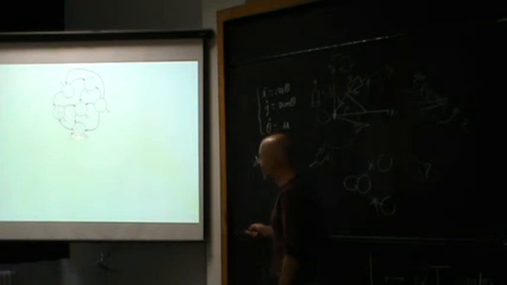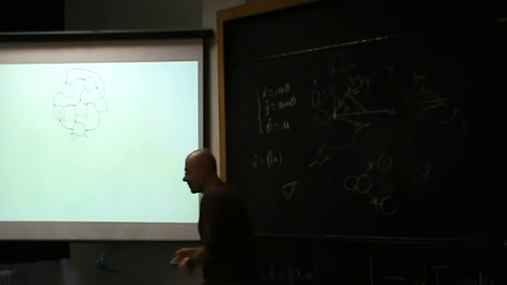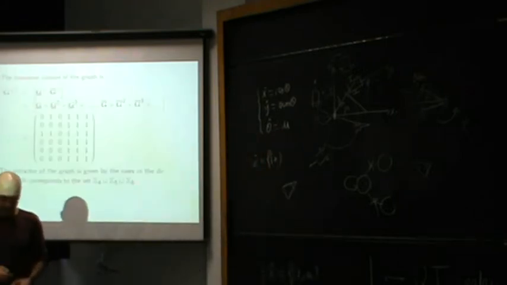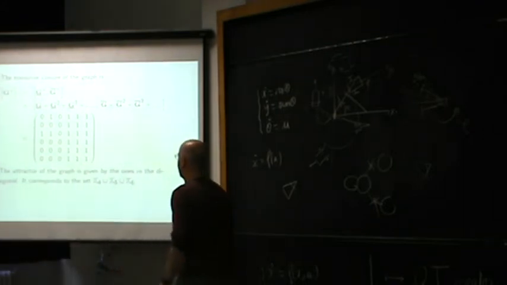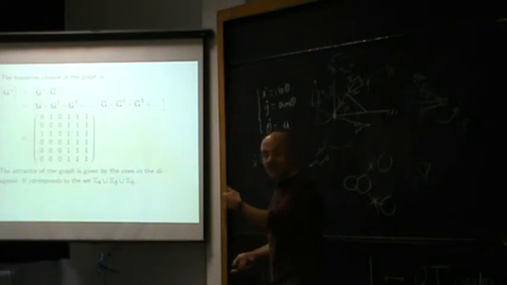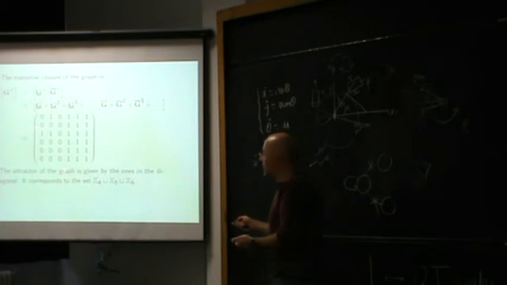But here I also have an interval graph because this one is 0 and 1. So how can I implement this in practice? I have a graph, I compute the transitive closure of the graph. Because what I explained before is a relation.